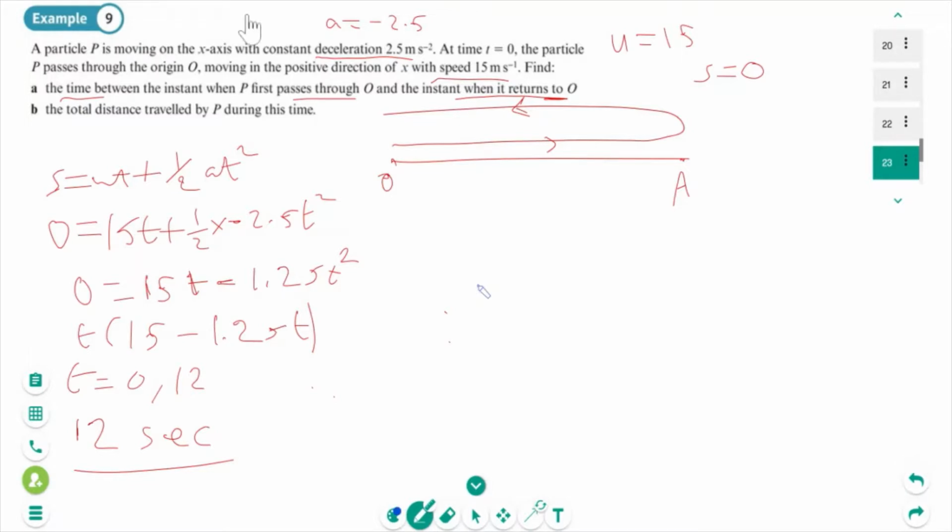When it goes from O to A, the particle starts at O, its velocity is decreasing because it's decelerating, and at some point the velocity will be equal to 0. So I'm going to work out the distance by finding the distance O to A. Then I'm going to times it by 2.